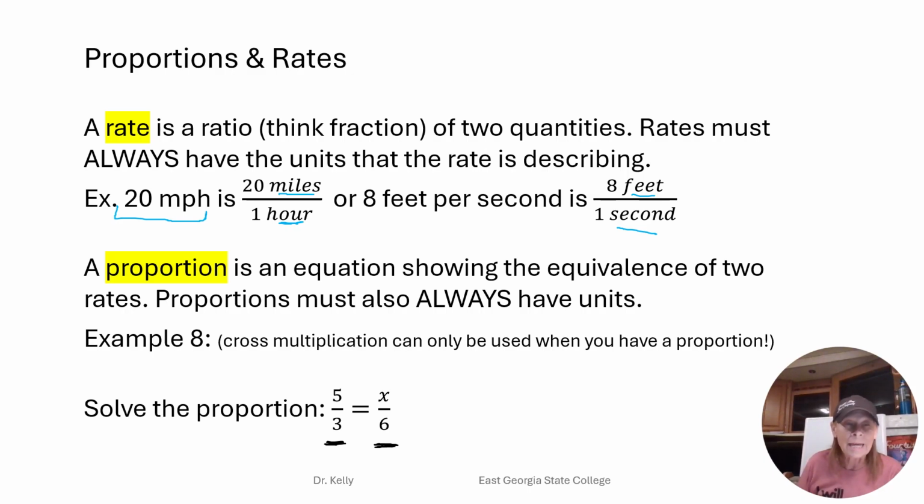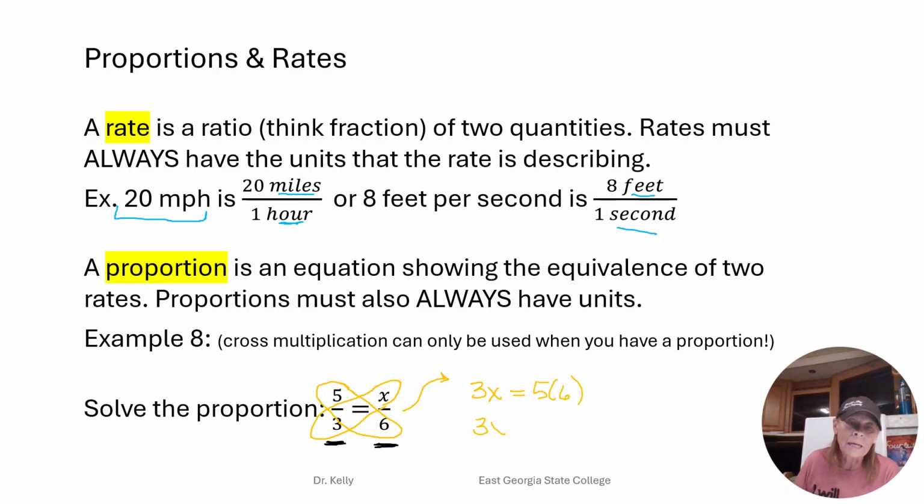And in this case, the way that you solve this is cross multiplication. This is the only case that you get to cheat and use cross multiplication ever in solving math problems. It only works when it is a fraction equal to a fraction. All right, so this sets up the equation 3x is equal to 5 times 6.